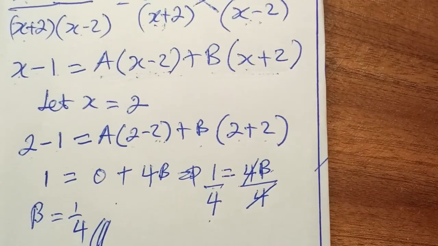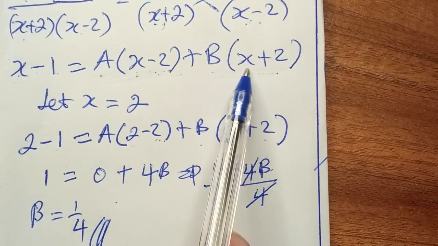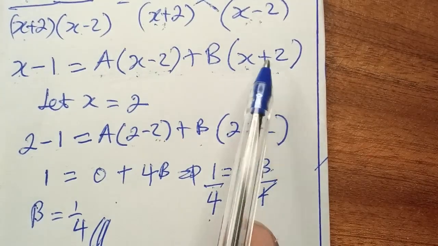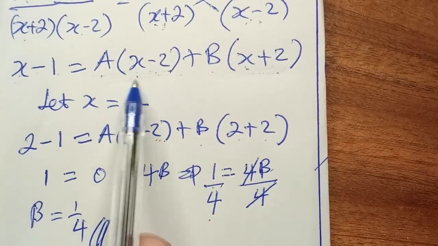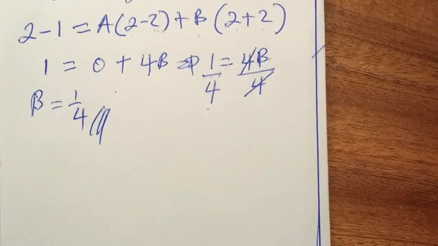We do the same again and try to eliminate B to get A by letting x be equal to minus 2, so that minus 2 plus 2 will be 0, and 0 times B will be 0, so that we can easily get A. So let x be equal to minus 2.